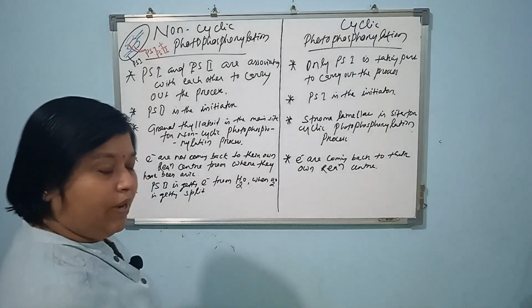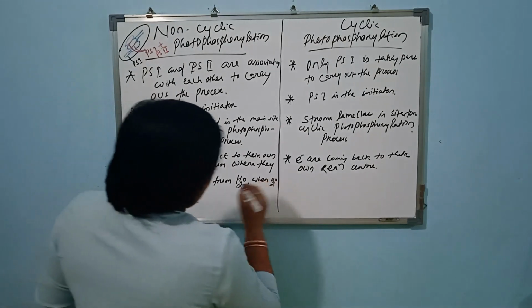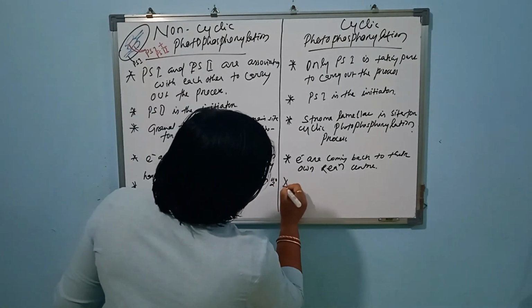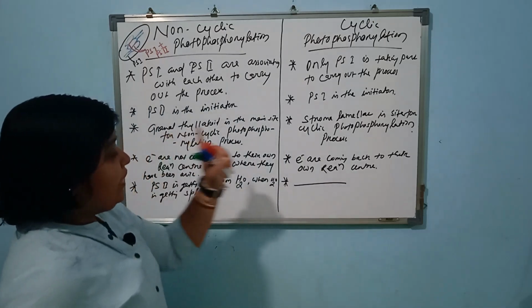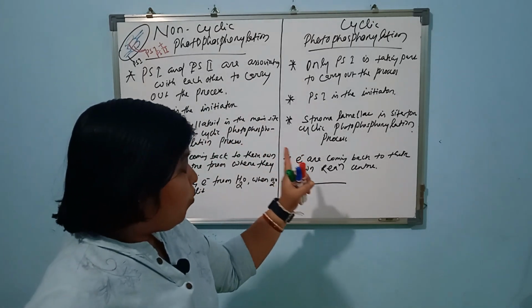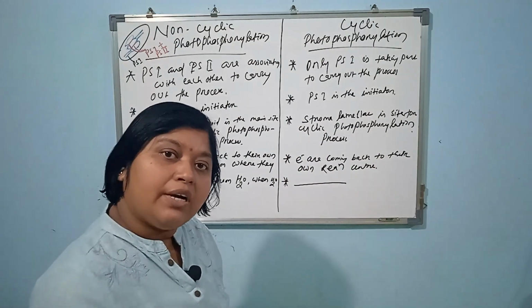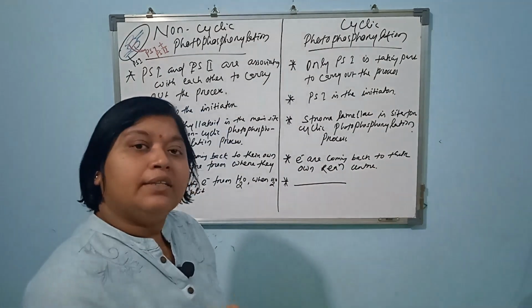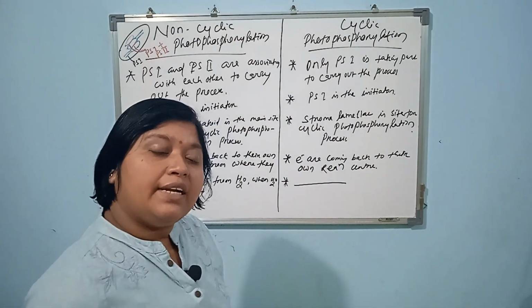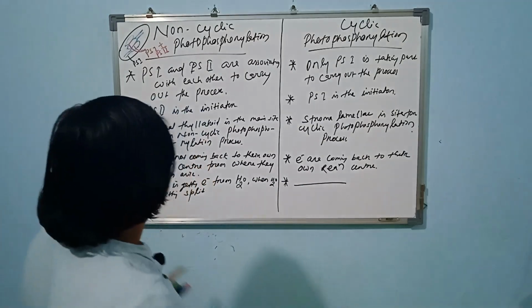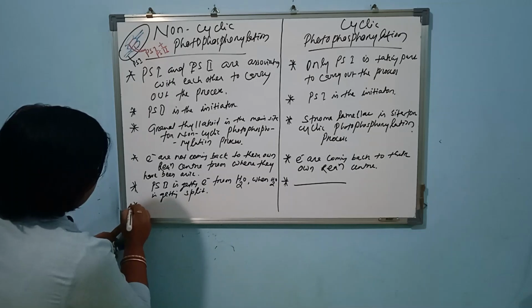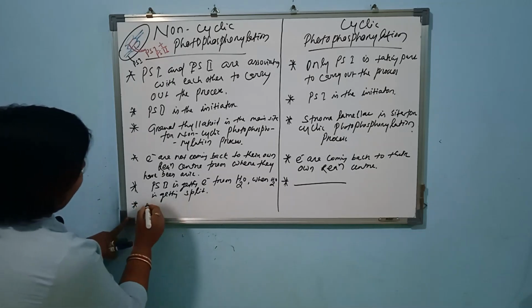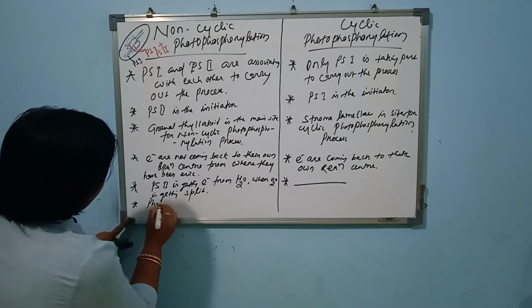But such a process is not occurring here, because when pigment system 1 is getting light of nearly 700 nanometer wavelength, that reaction center is getting excited and releasing an electron. The splitting of water in this case is known as the photolysis process.